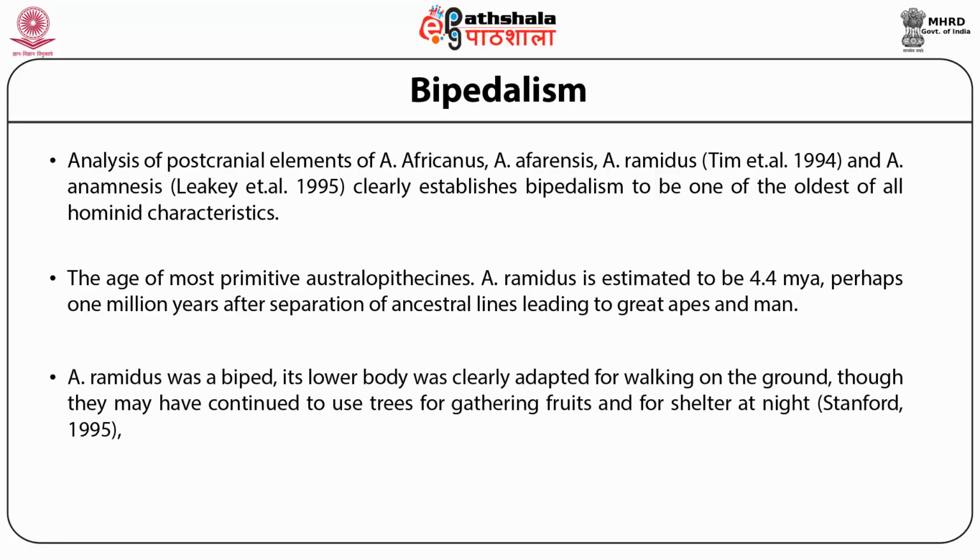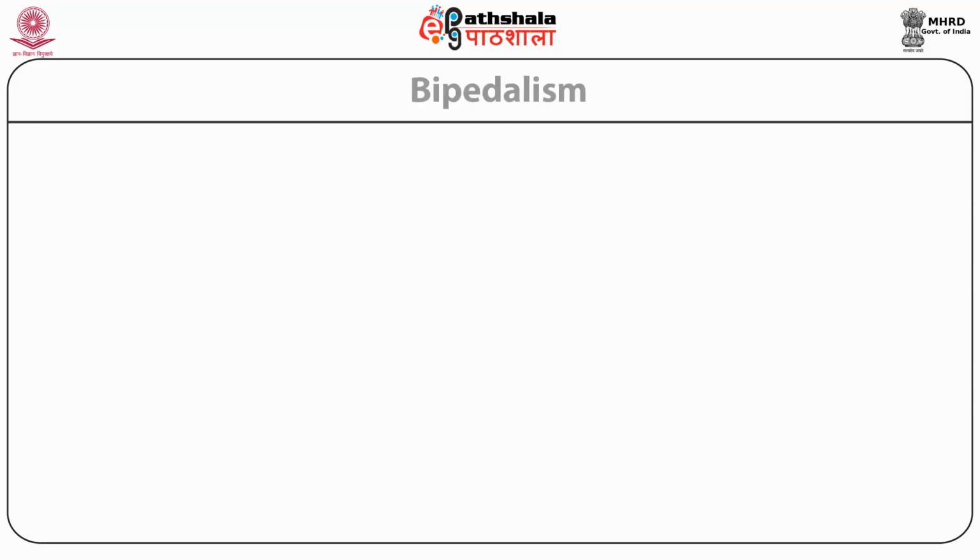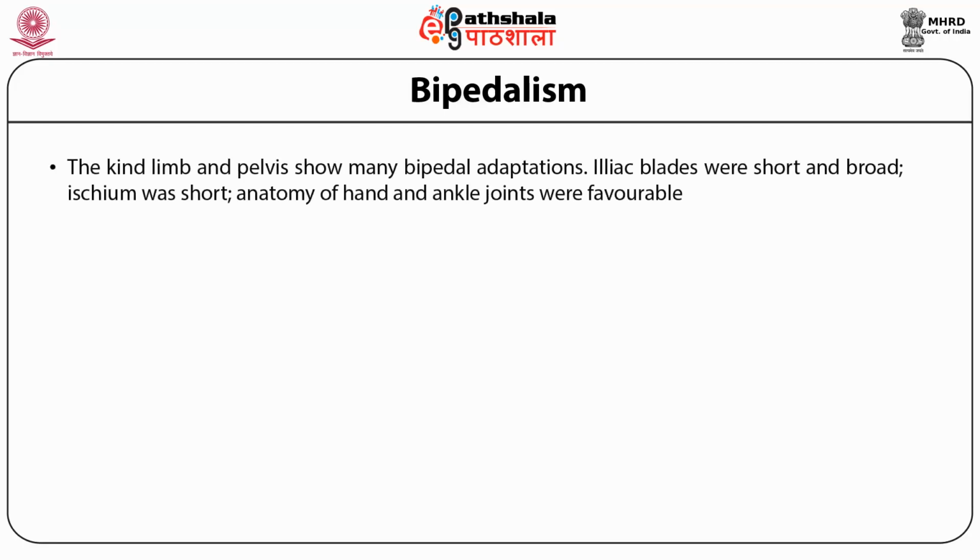Its lower body was clearly adapted for walking on the ground, though they may have continued to use trees for gathering fruits and also for shelter at night. Post-cranial elements, especially limb and pelvis anatomy, show characteristics of bipedal adaptation.